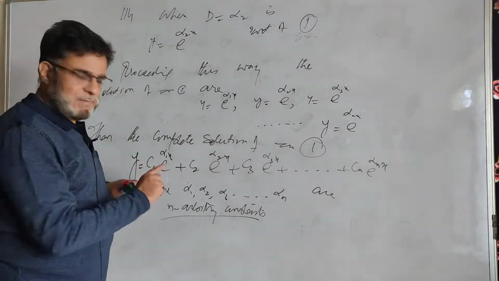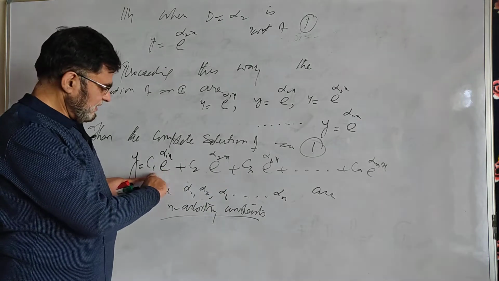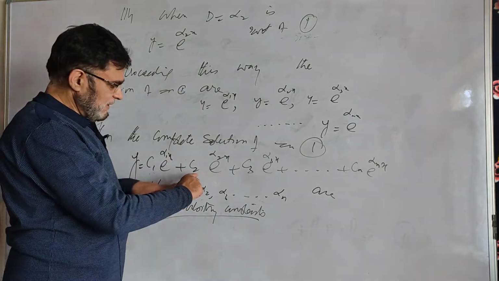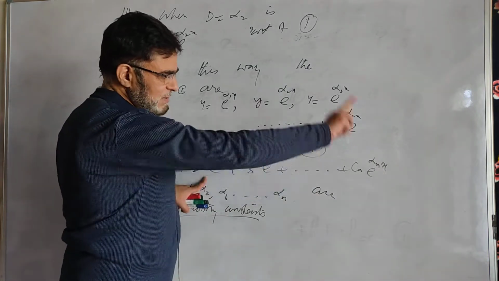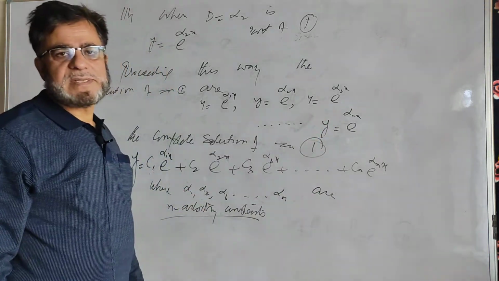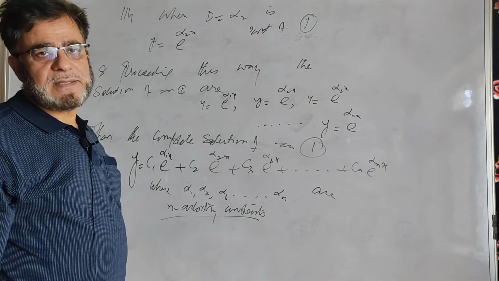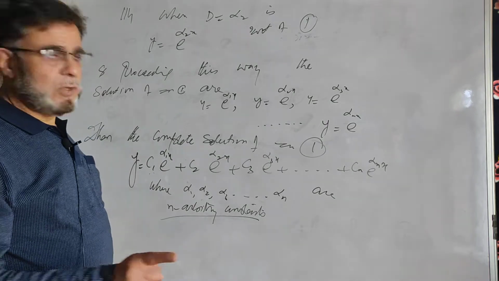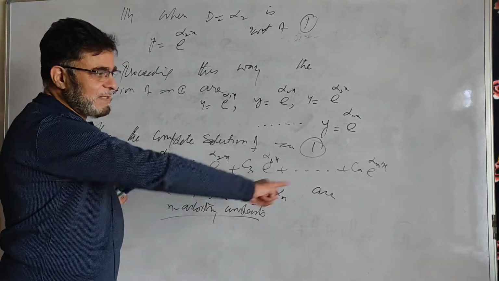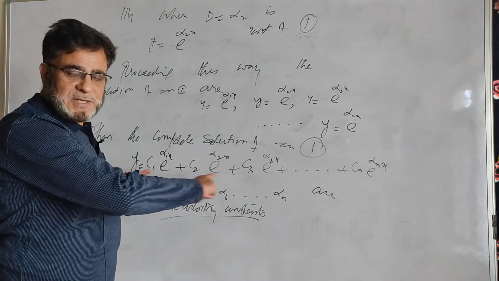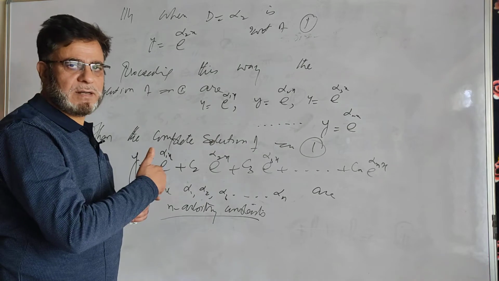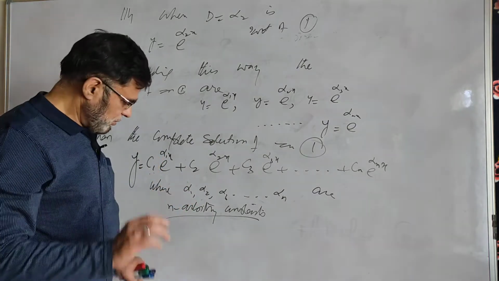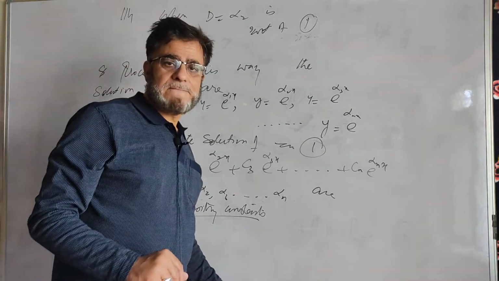Naturally you would write according to this formula, c1 e raised power alpha x plus c2 e raised power again alpha x, because 2 are repeated. But we will see that there we get something that contradicts. So we have not to follow this procedure when the roots are repeated. Sometimes 2 repeated, 3 repeated. I will give you when all roots are repeated, how we proceed. Don't worry. Let us go to case number second.